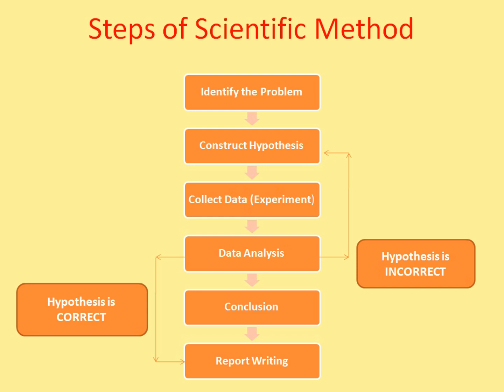Then you have to retest or re-experiment the whole study, and then draw the conclusion. This is the speciality of scientific method. After the conclusion, you have to do report writing. You can give an oral presentation or a written presentation of your study.